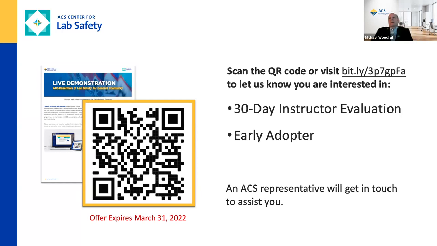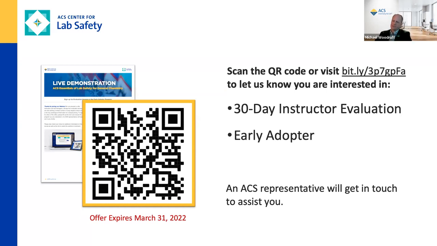So I see a user asking about the difference between an early adopter program and a 30-day instructor evaluation. The 30-day evaluation is, again, analogous to receiving an instructor textbook or a desk copy or sample. The early adopter program is when somebody commits to a large-scale implementation with their students.